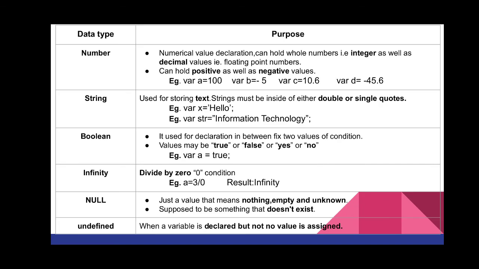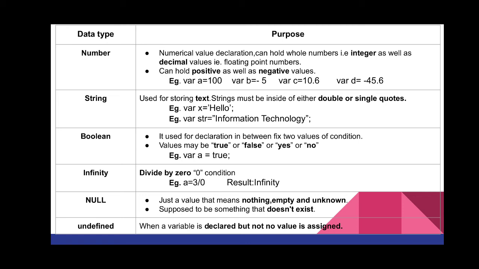Now here you can see the different data types which we have already seen and the purpose for which each is used. First we will see the number type of data. A numerical value declaration can hold whole numbers, integers, as well as decimal values, which are called floating numbers.